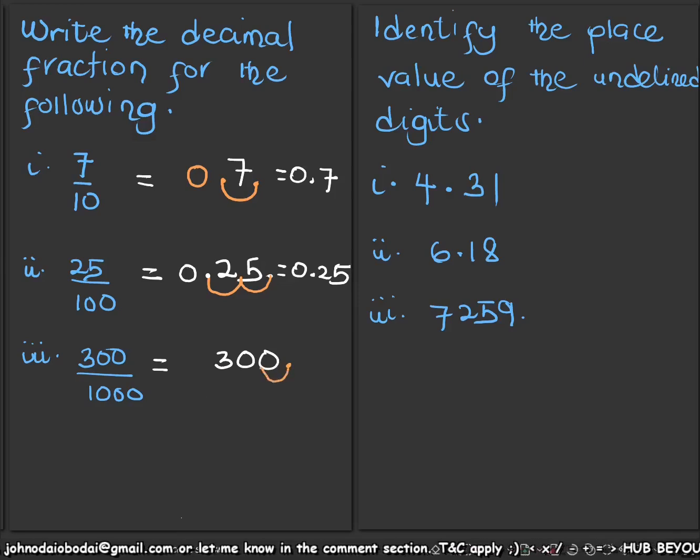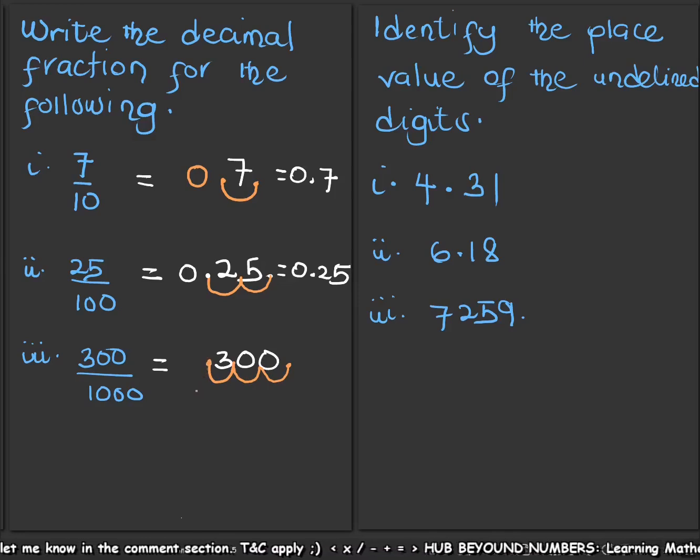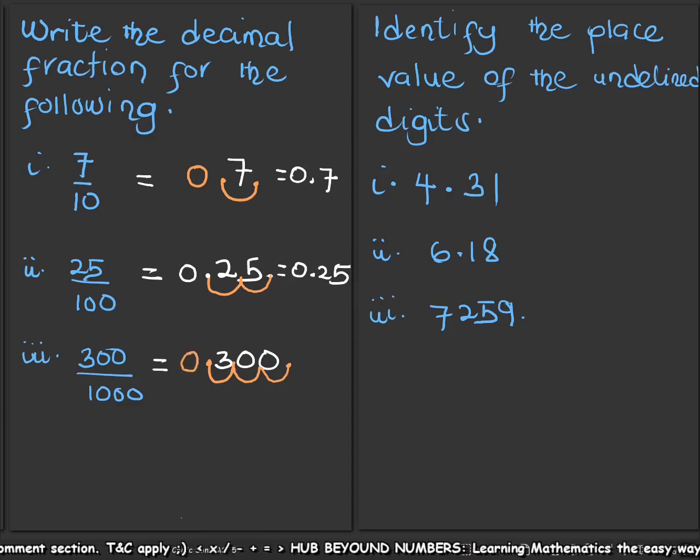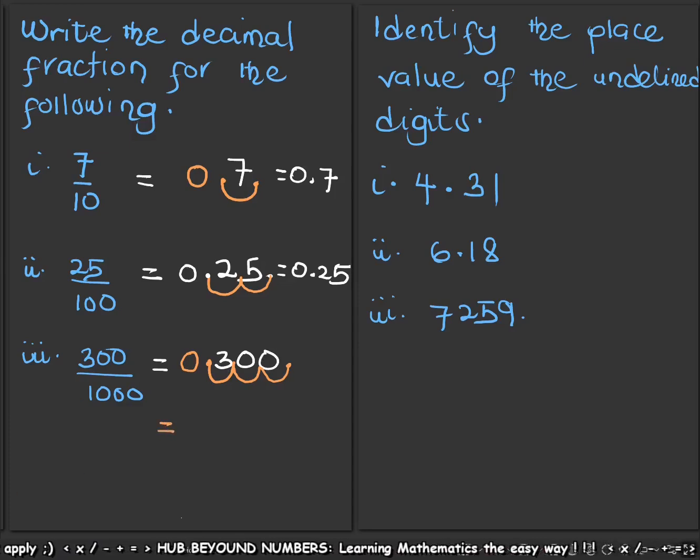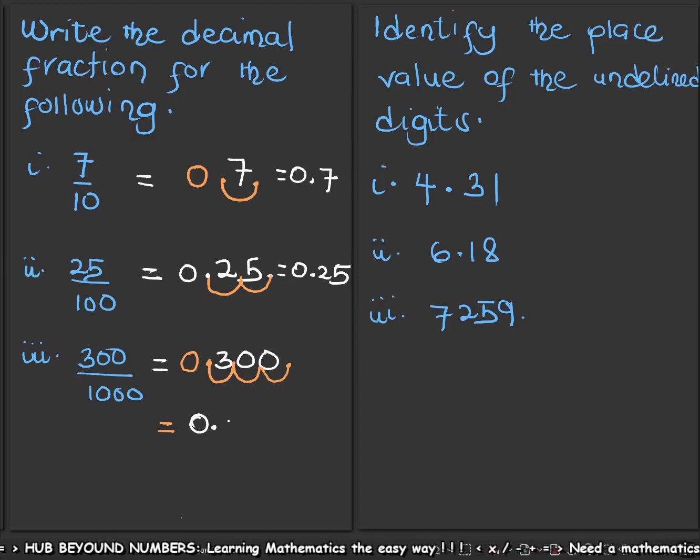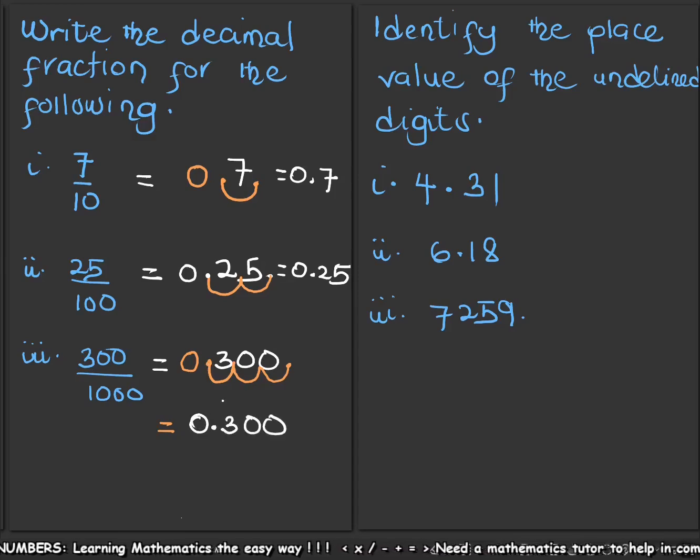So that becomes 1, 2, 3. The decimal point has now come to be in front of the 3. And then we just put a 0 here. Hence, our decimal is going to be 0.300. This now is our decimal. So this is how we write decimal fractions from the following.